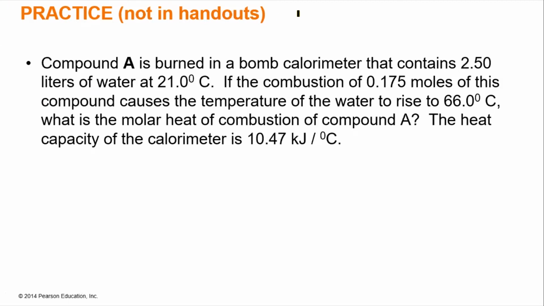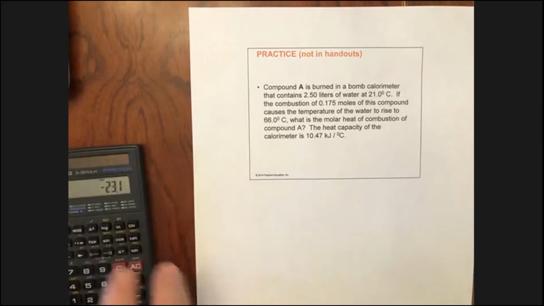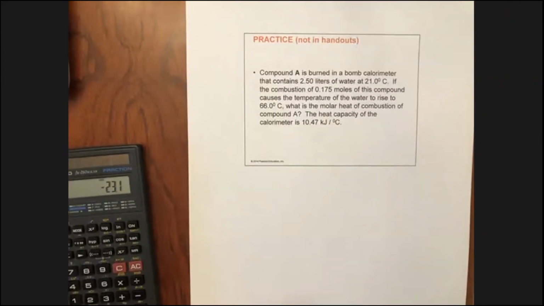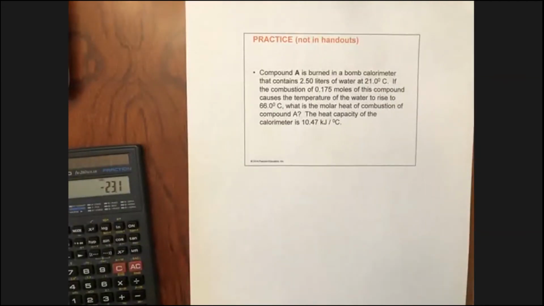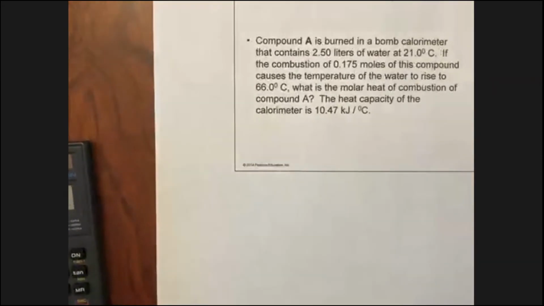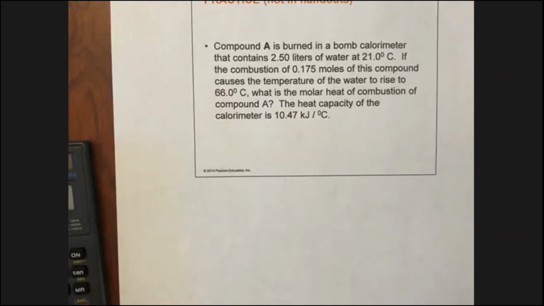So let me take you there, and there we go. So here's the question. Let me see if I can zoom this in a little bit. There, better. Let me give you a chance to write it down because, like I said, I may have forgotten to put this in your PowerPoint set.